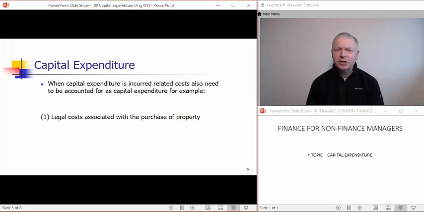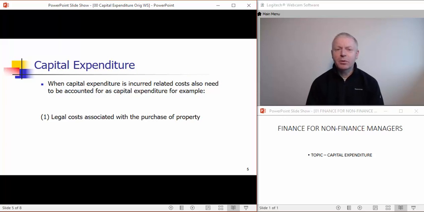If you purchase a hotel, you will more likely be engaging the services of a legal firm to deal with the conveyancing. And that can be quite a high monetary value, so it needs to be added to the value of the purchase of the property. Going back to our previous example, if you spend $10 million on a hotel and it costs you $100,000 worth of legal fees, the $100,000 gets added to the $10 million, and that's all capital expenditure.